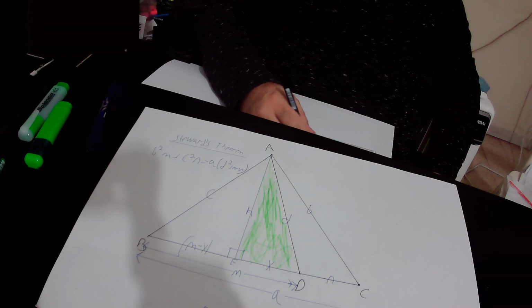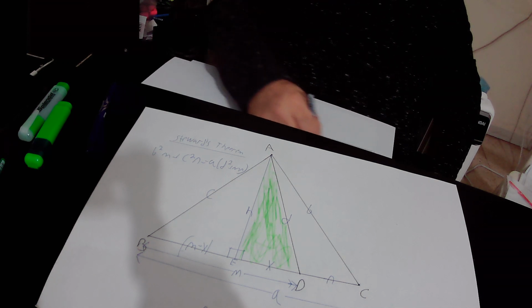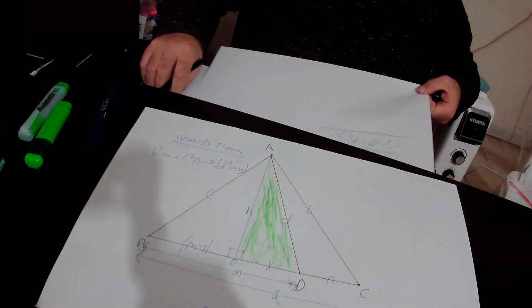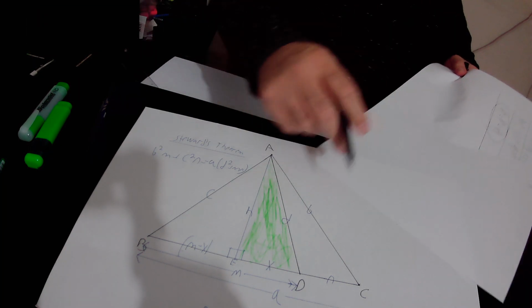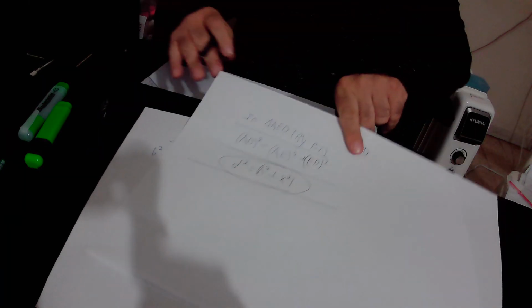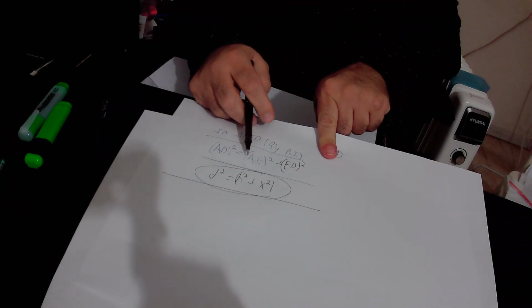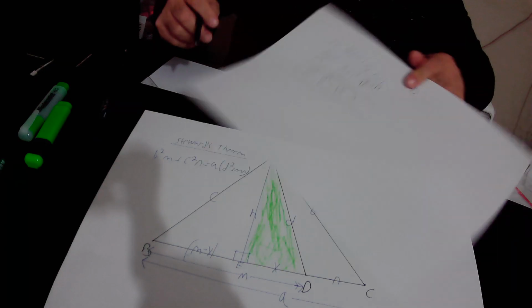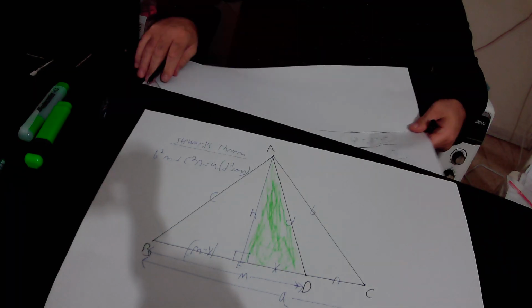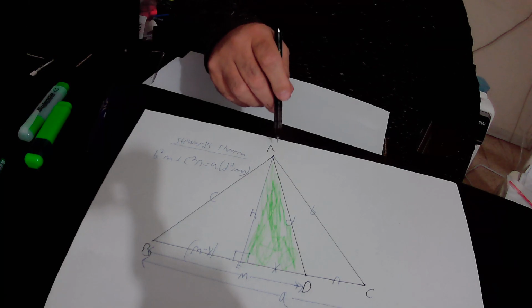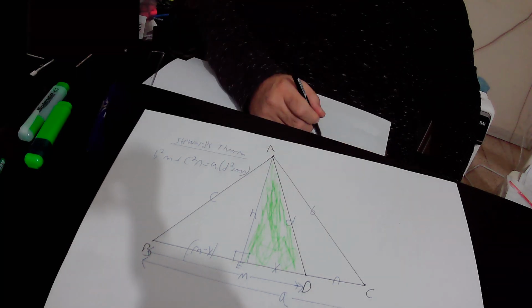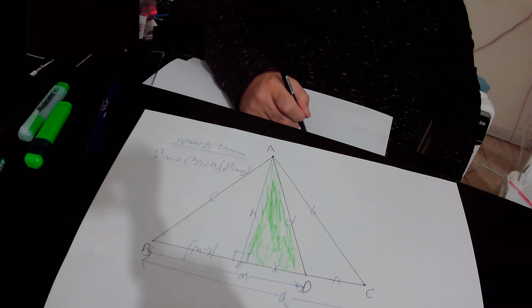In conclusion, according to the Pythagoras theorem, in the green right triangle AED, D squared equals H squared plus X squared. In the next step, we will focus on the right triangle AEC. In the right triangle AEC, we will implement the Pythagoras theorem.